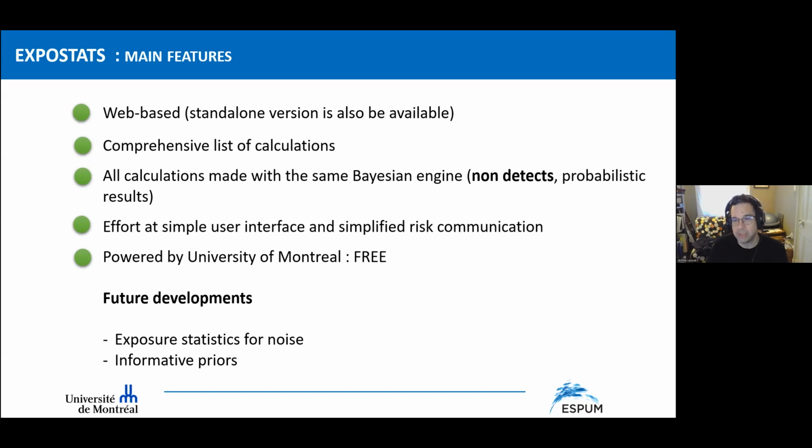So you can already analyze noise exposure levels with Expostats, but you need to express your noise levels either in dose, so in percentage, or in Pascal squared scale, because the actual pressure levels are lognormal, but when you express them in decibels, they become normal. So I know several hygienists that use Expostats to interpret their noise exposure levels.